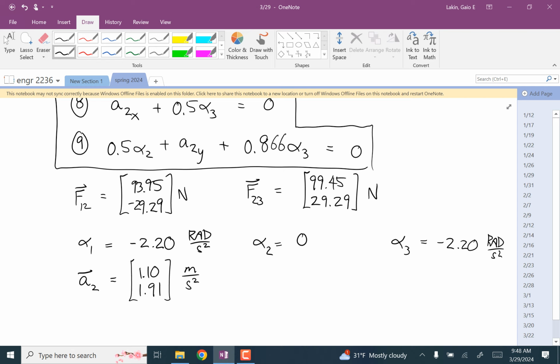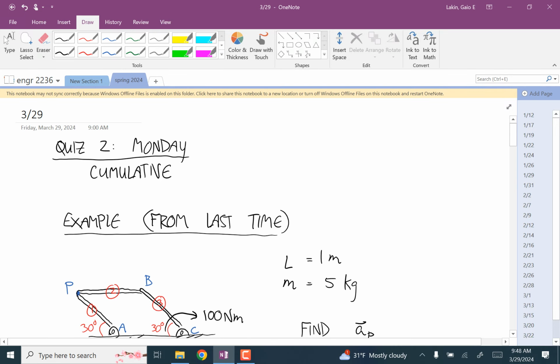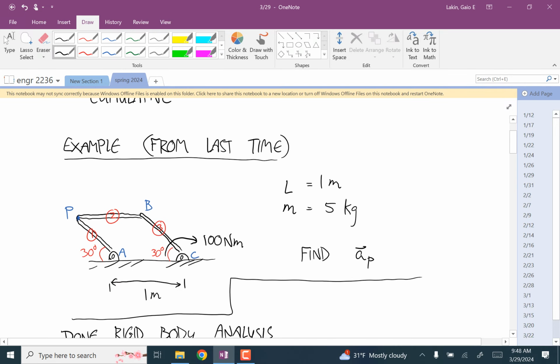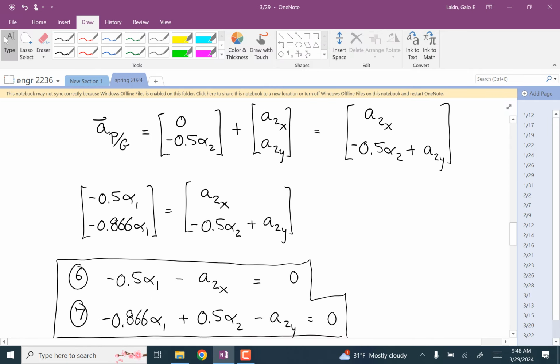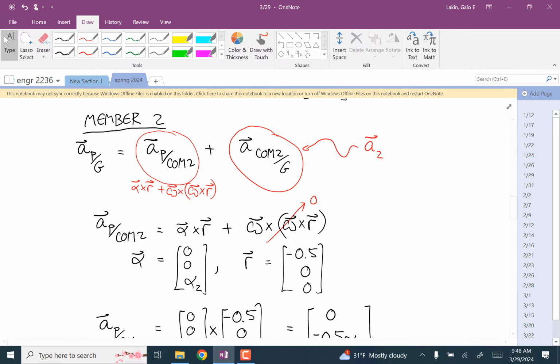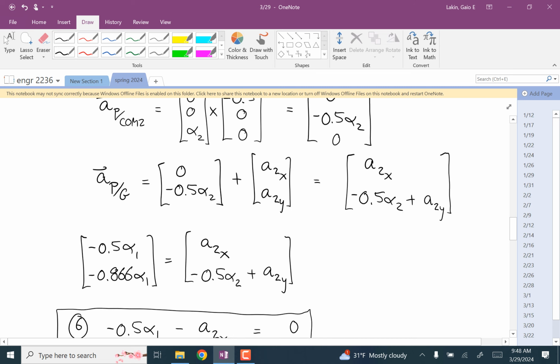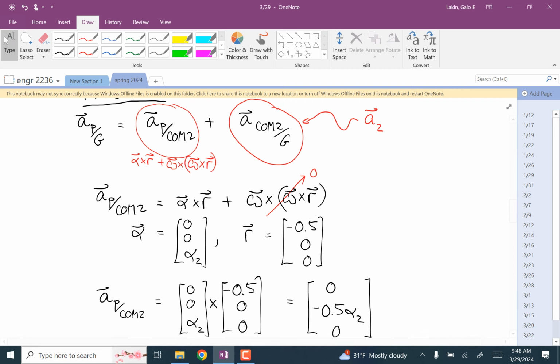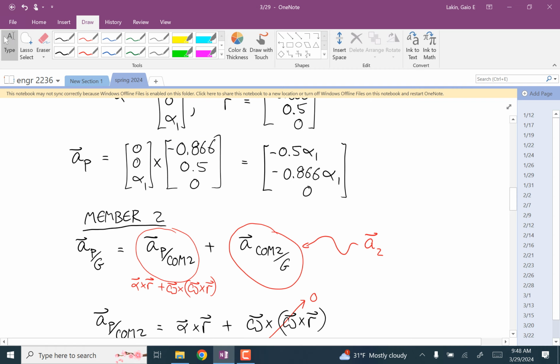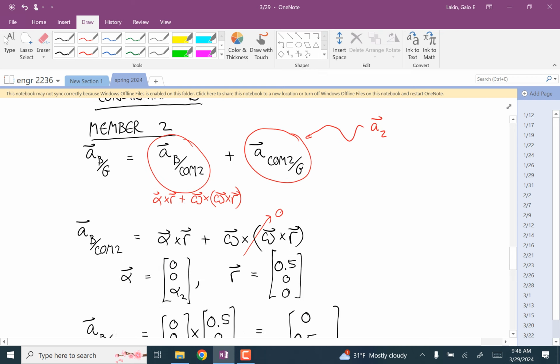No, because what we're looking for is the acceleration of that point P. So we're almost done because we have expressions for P, so let's just look for the simplest one. What's the simplest expression we have for that point P? I guess it's this, negative 0.5 alpha 1, negative 0.866 alpha 1.